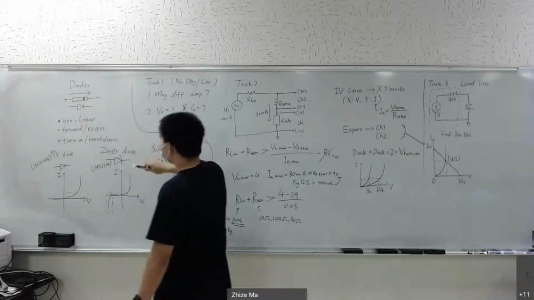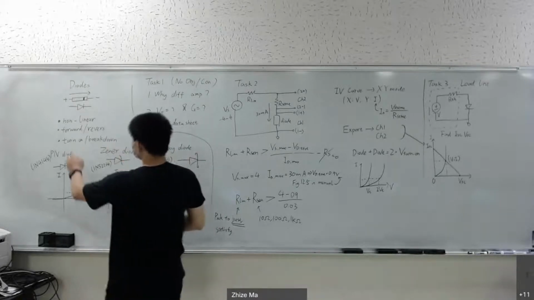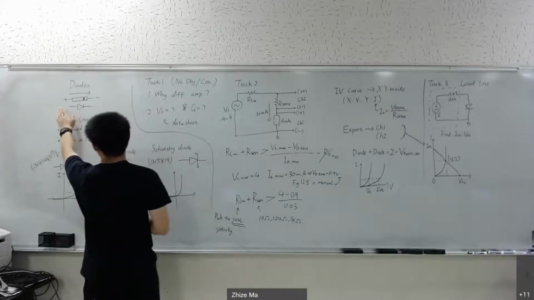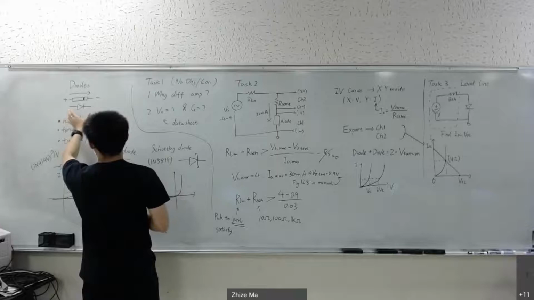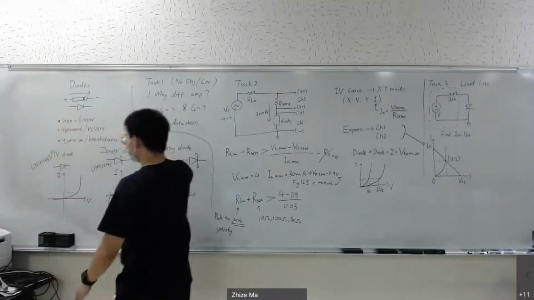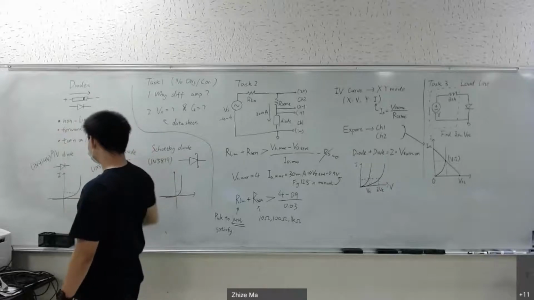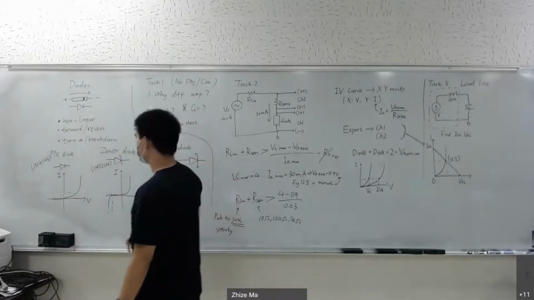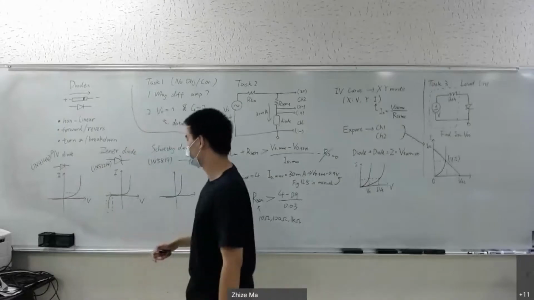So when the voltage at the negative side is greater than the voltage at the positive side, and the voltage difference is very large, that will cause the breakdown of the diode. And most of the time, when the diode breaks down, it's just broken. Okay, you cannot fix it.